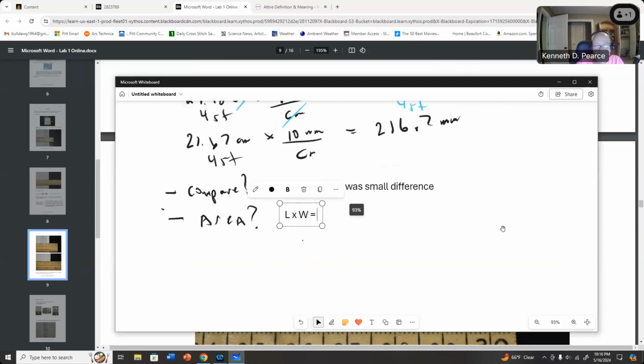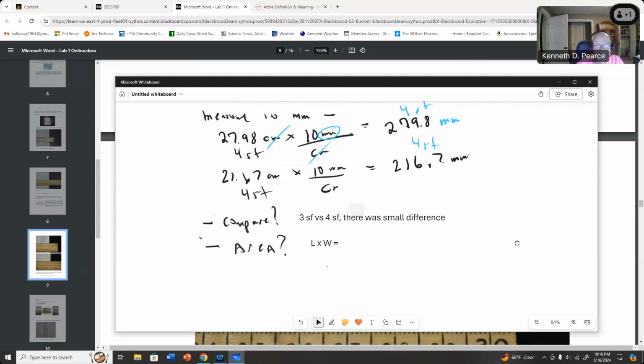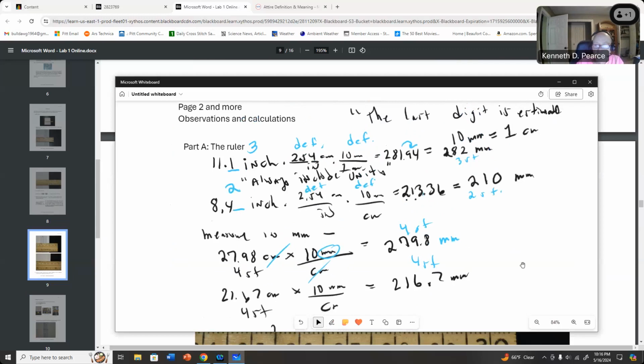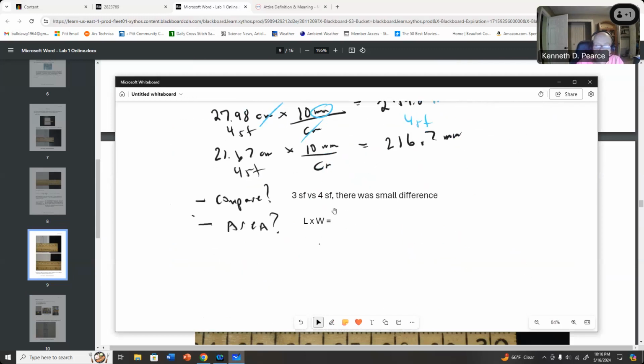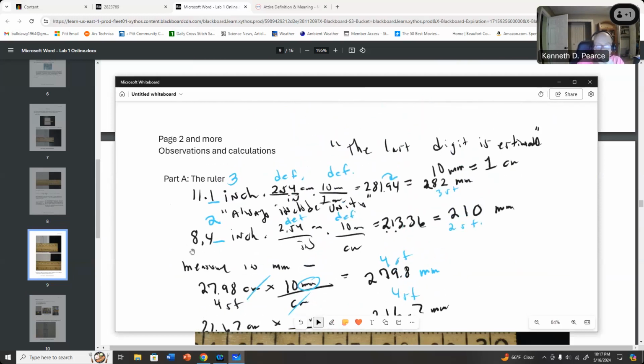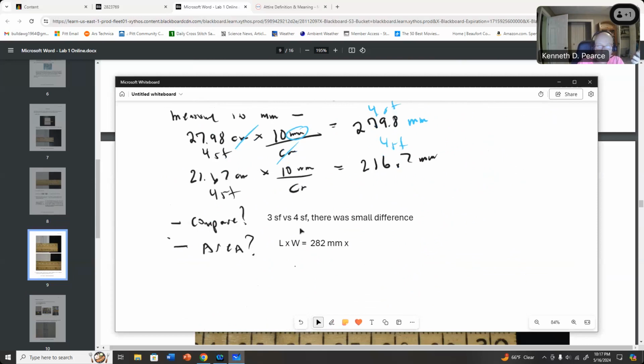It was 282 millimeters. And then that was times the short width. Remember, it's the inches conversion. That's from number 2. And that was, what was it? 210. So we have to use the 210.